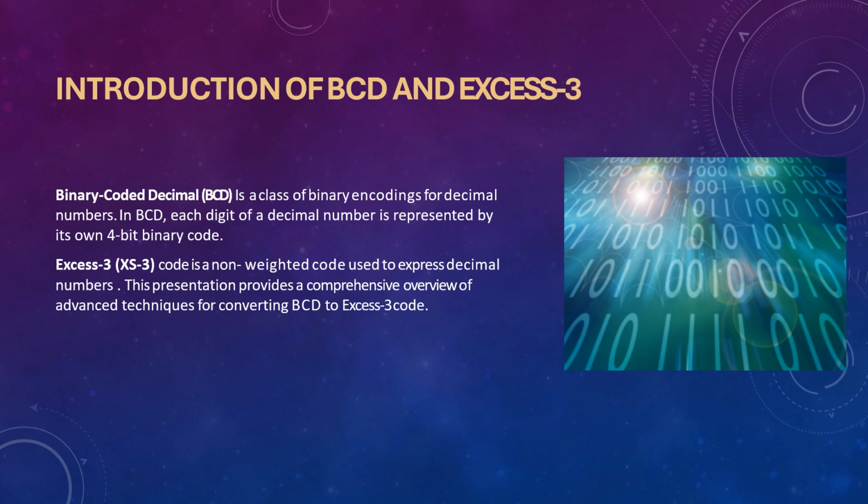This means that rather than converting the entire decimal number into binary, each digit is converted separately. XS3 is a representation of BCD that modifies each decimal digit by adding a bias of 3 before converting into binary. So this presentation provides a comprehensive overview of advanced techniques for converting BCD to XS3 code.